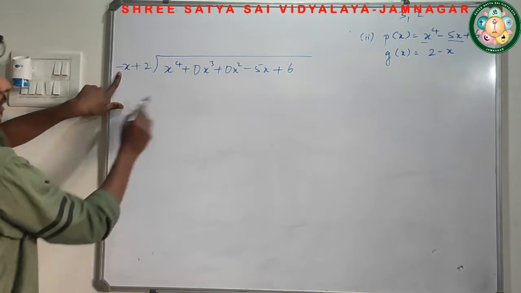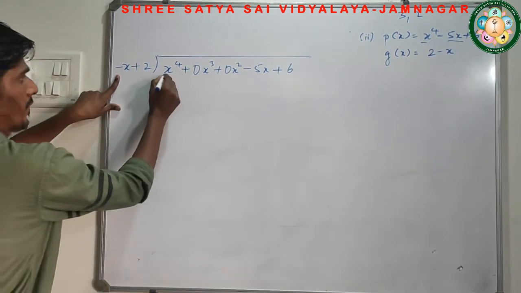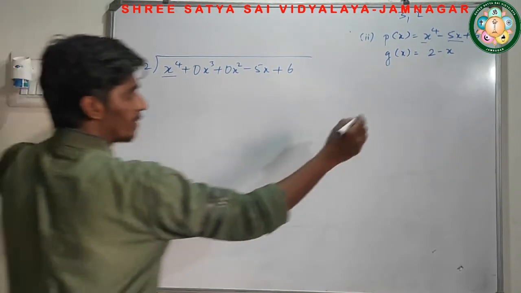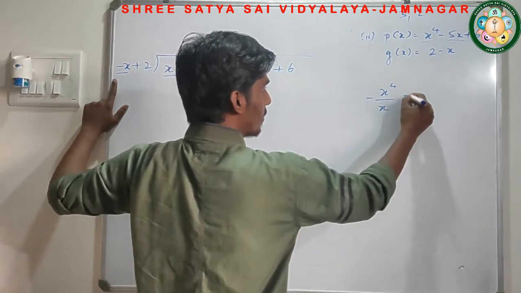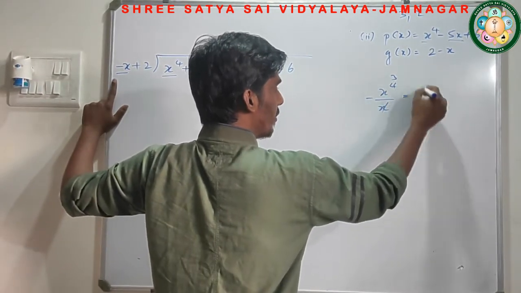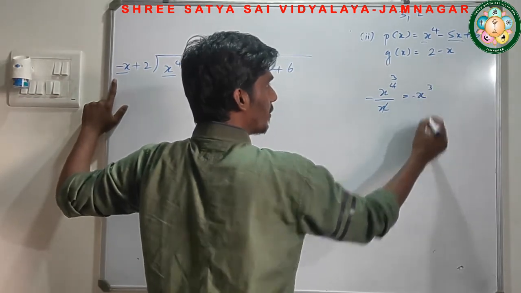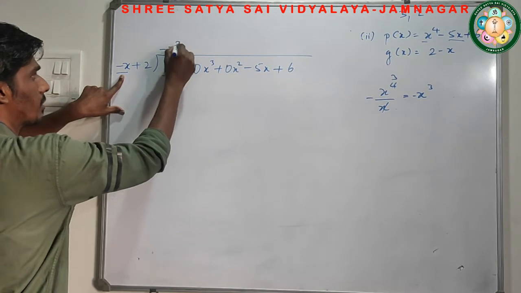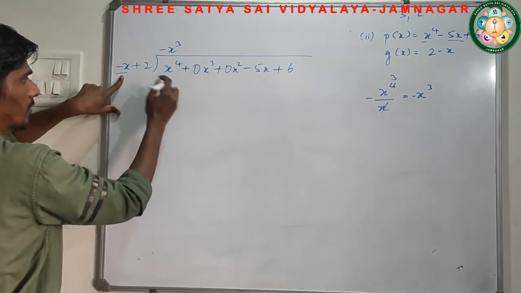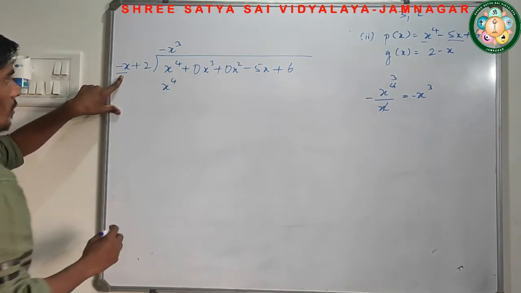So now again same way, x raised to 4 divided by x with minus sign. So 3 will remain, x raised to 3 with minus sign. So x into minus x cube, it's x raised to 4.